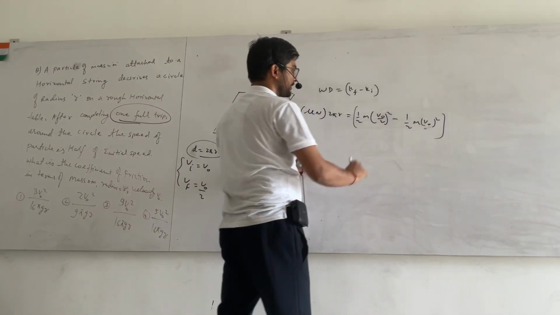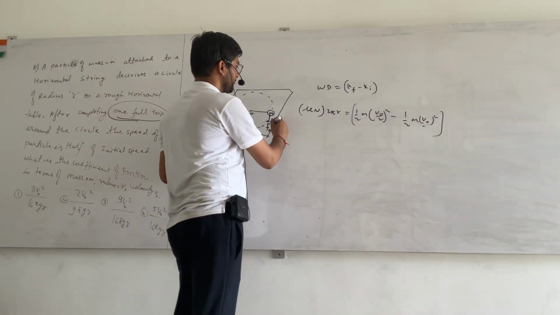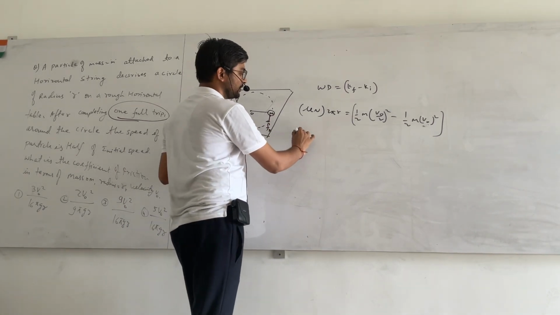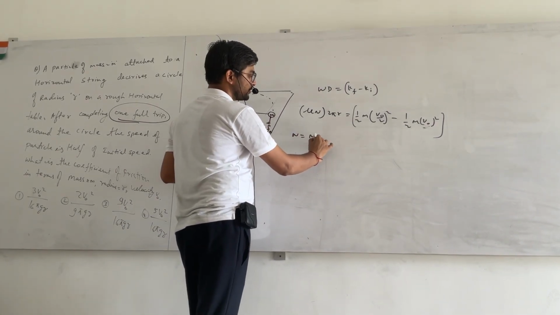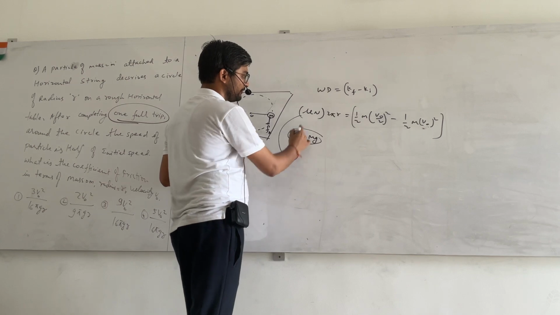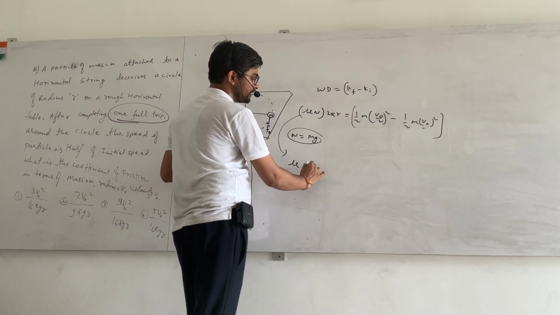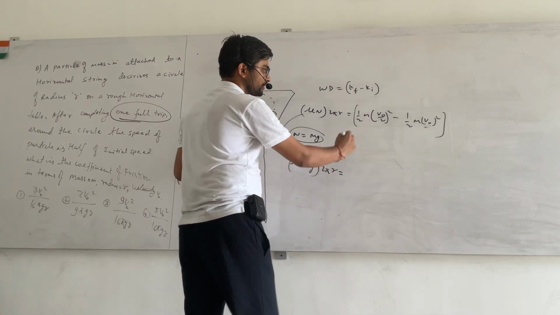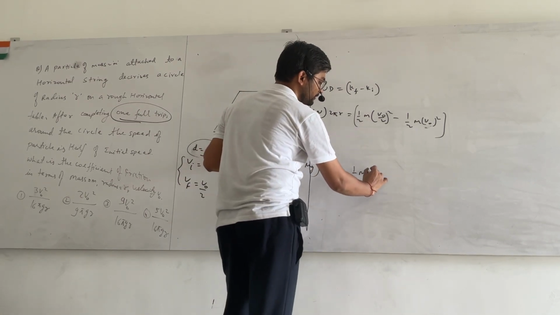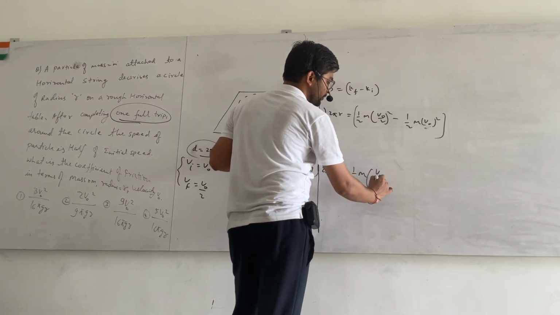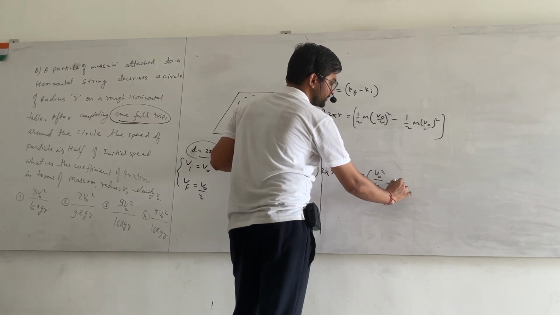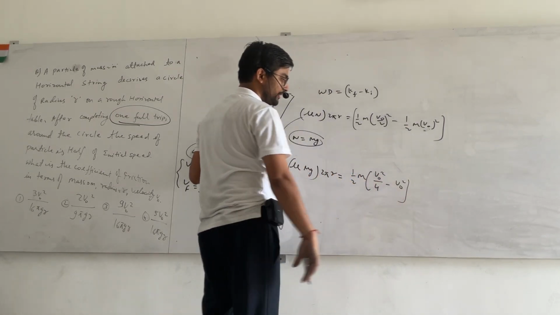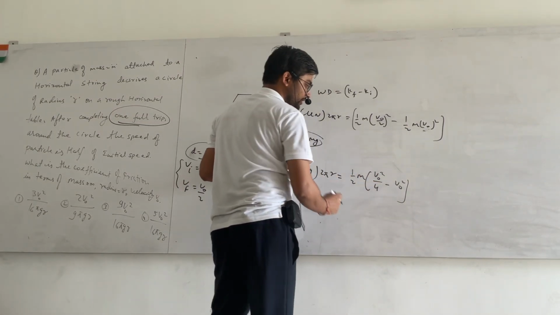Here N is equal to mg. So the equation becomes mu mg into 2 pi r equals half m, which is common, times V naught squared by 4 minus V naught squared.